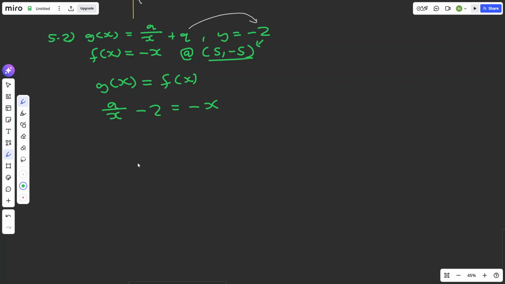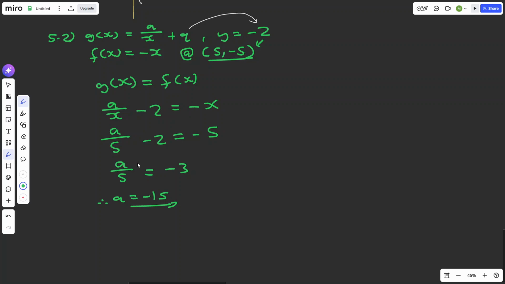So what we're going to have here is a divided by x, which is 5, minus 2, is equal to -x, where x is equal to 5. So we put -5. Now let us see here. We're going to have a over 5 is equal to -5 plus 2, which is -3. Therefore, a is equal to -15. So what we had to do here is just solve for a.